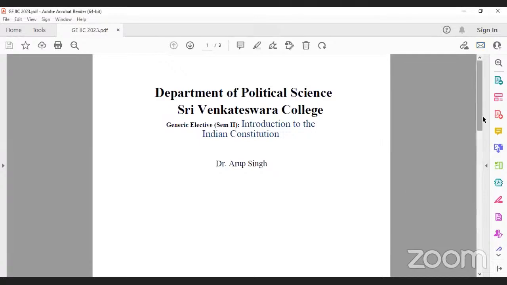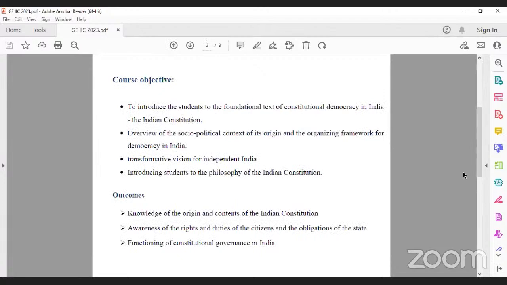This paper, Introduction to the Indian Constitution, is different from the earlier paper that we introduced in semester 1, that is Ideas and Institutions in Indian Political Thought. In semester 1, our focus was on introducing the students to the values and norms that were there in ancient as well as modern Indian political thought.